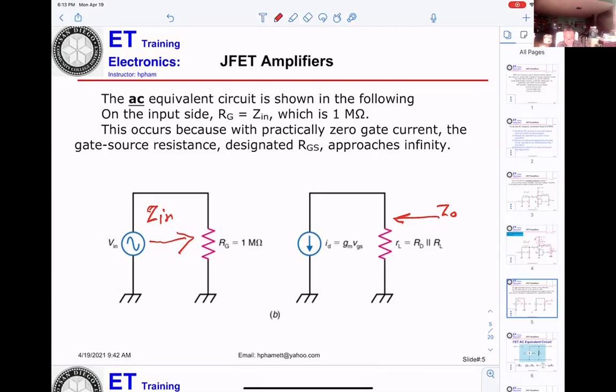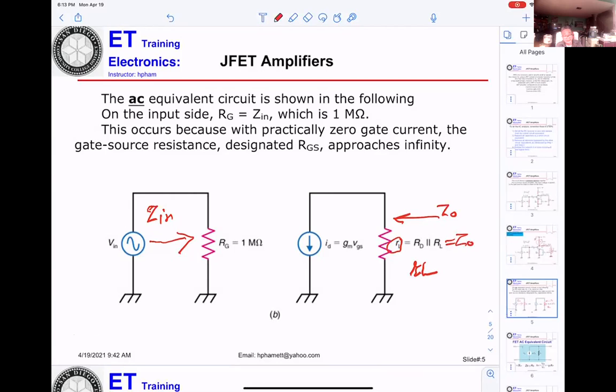We cannot change anything. So ZL, some books say RL. L means the load. Small r will be the AC load, or you can say ZL, same thing, doesn't matter.